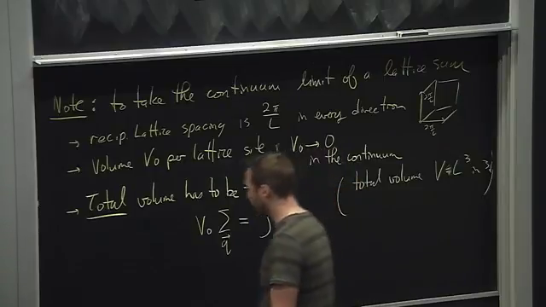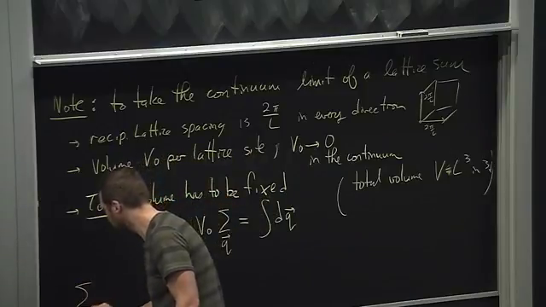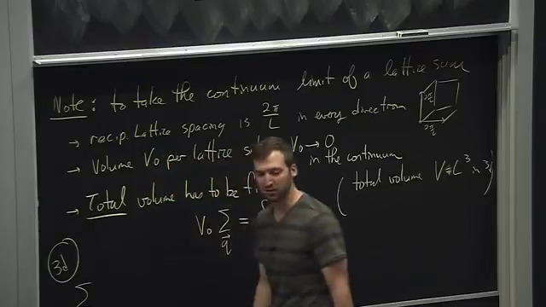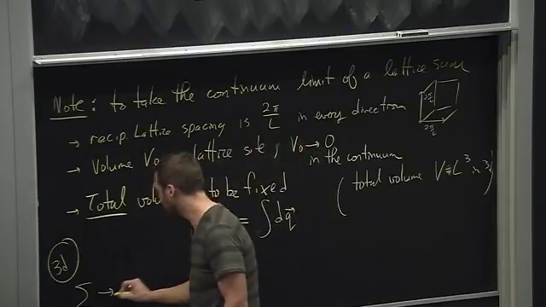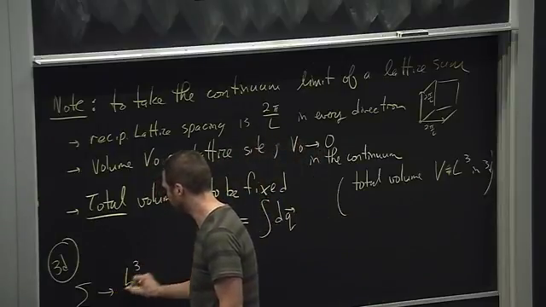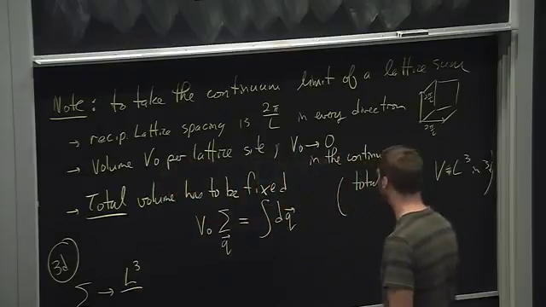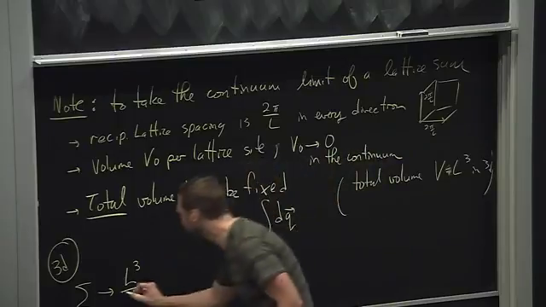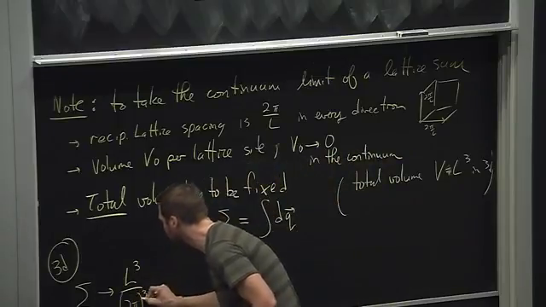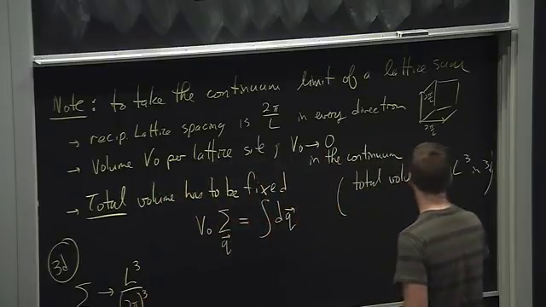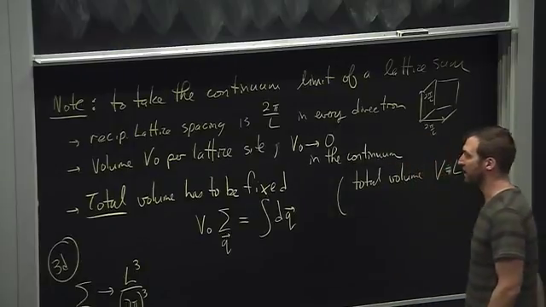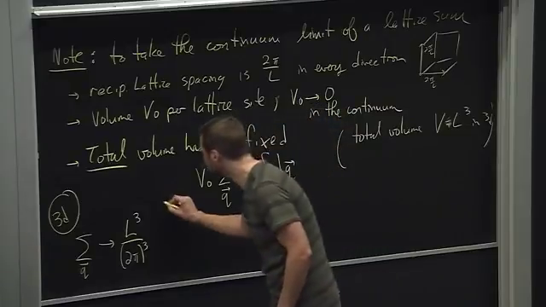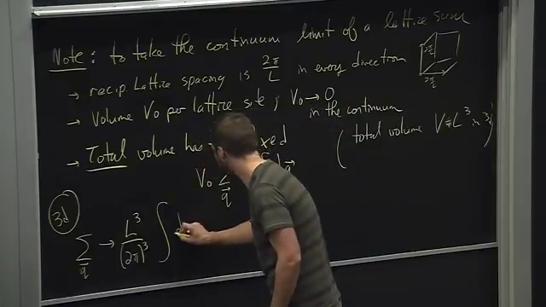Every time I have a sum over Q, let's do 3D, the sum over Q just goes to the volume over 2 pi cubed times the integral. So it's a reciprocal lattice spacing, that's just a V naught, and then the integral, so V naught dq.